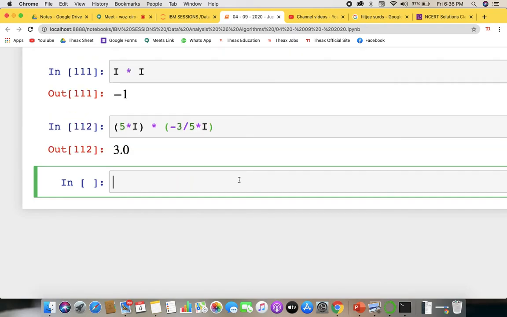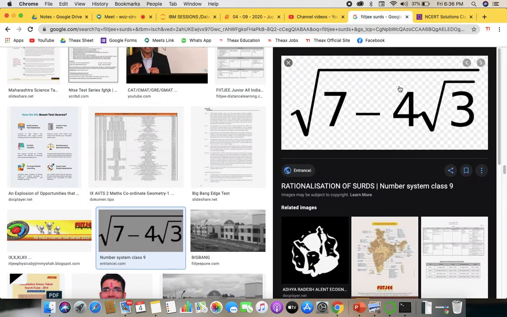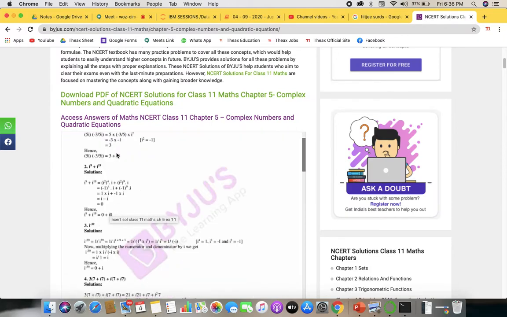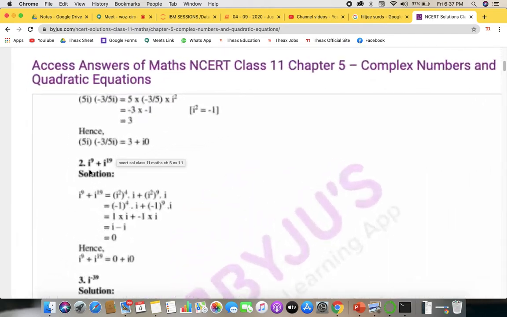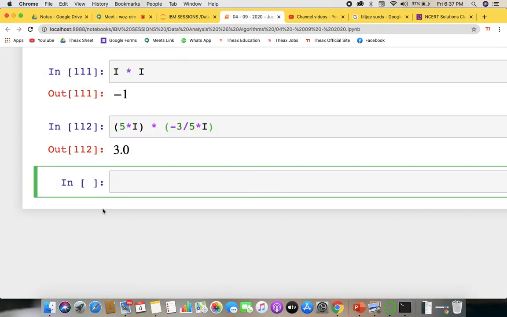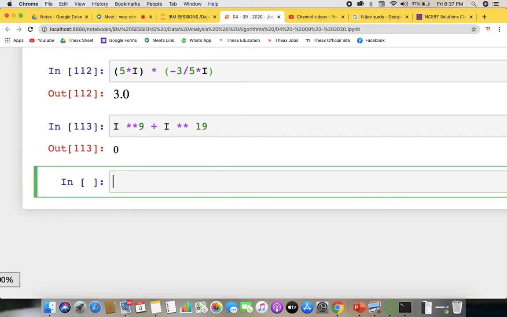That's nice, 3.0. Is that the answer? Nice. i to the power of 9 plus i to the power of 19.